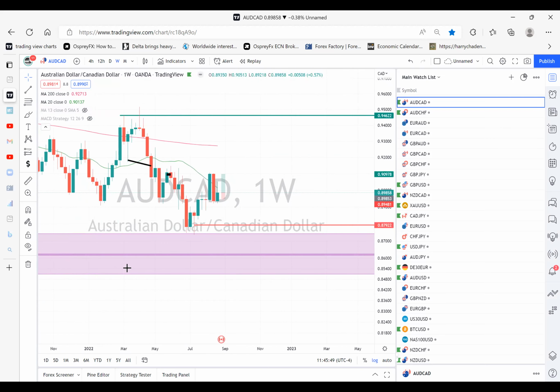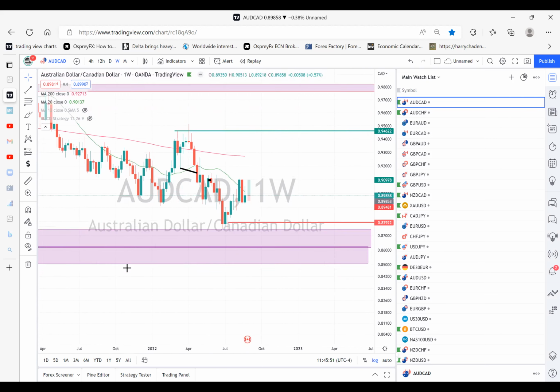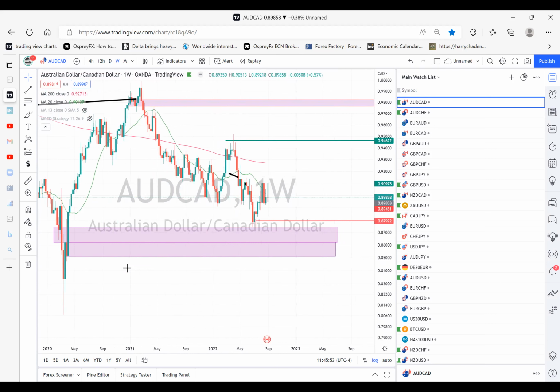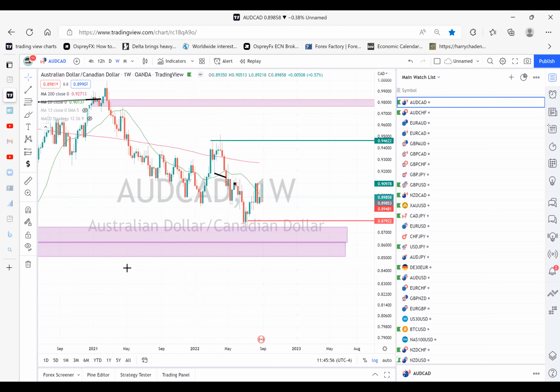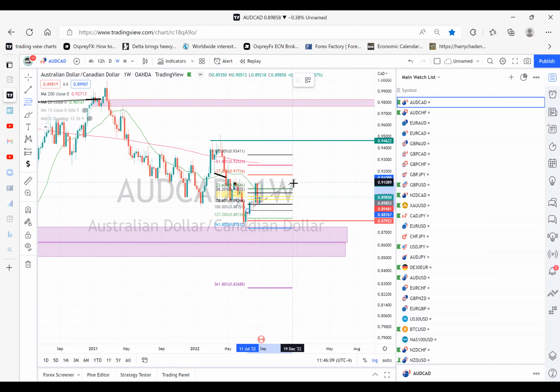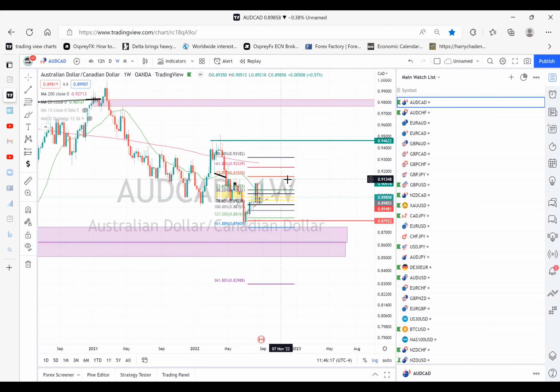I think we have an opportunity to trade AUD CAD back down a little bit, but I just want to see that bounced off the 78.6 going that direction.